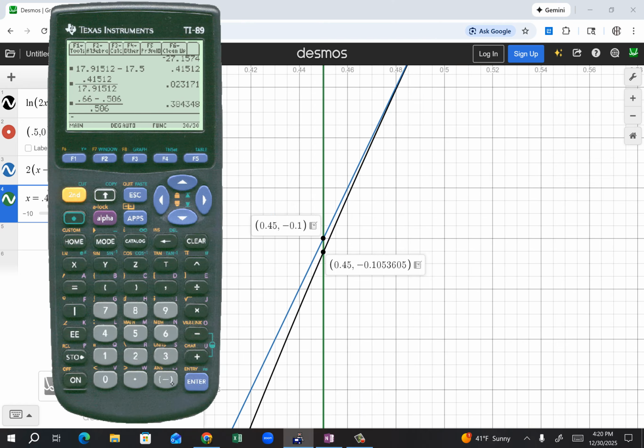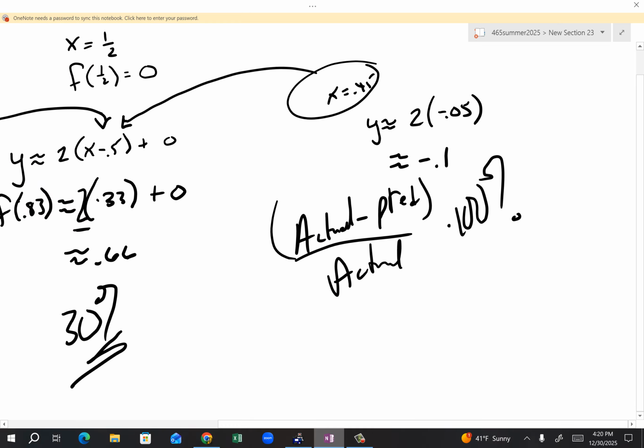Actual is negative 0.1053605 minus negative 0.1. Don't screw that up. Divide by negative 0.10536. As you can see, we're at about 5%. That I can live with.